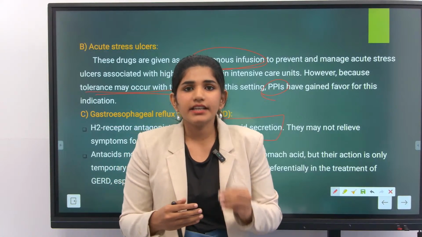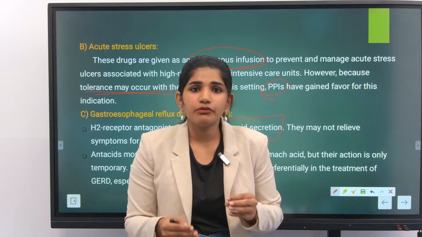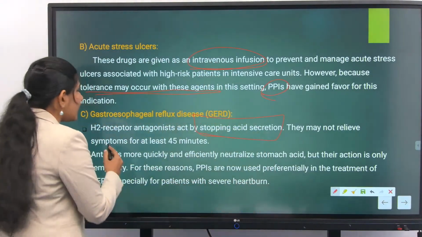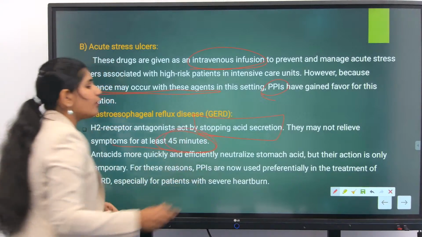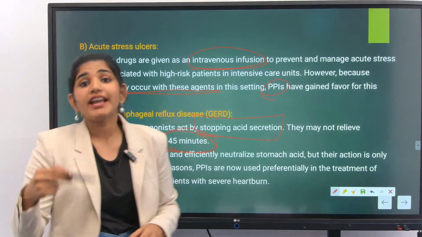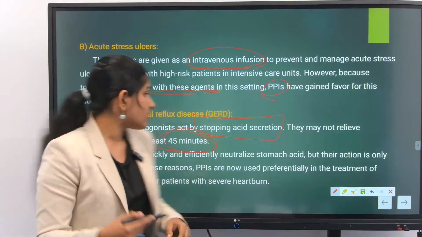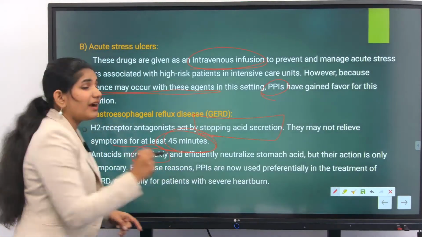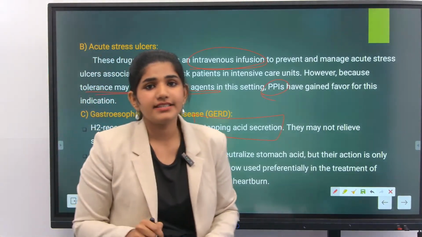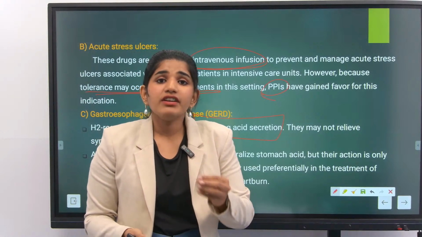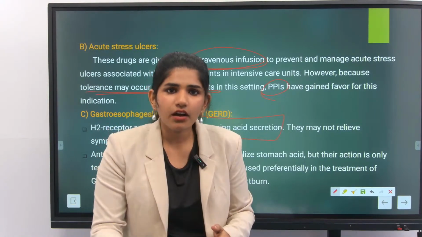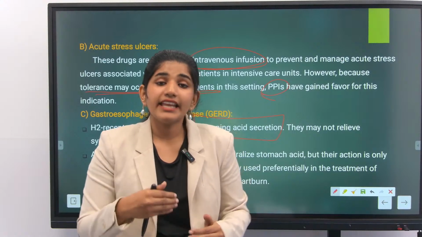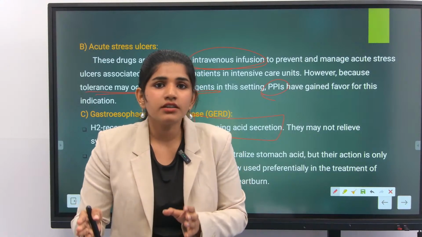So in emergency conditions, is it beneficial to take this type of drug? No, because they take 45 minutes. In such a condition, if you give antacids, they can neutralize the stomach acid more quickly. But there is also a problem with antacids: they act quickly, but they are not long lasting.